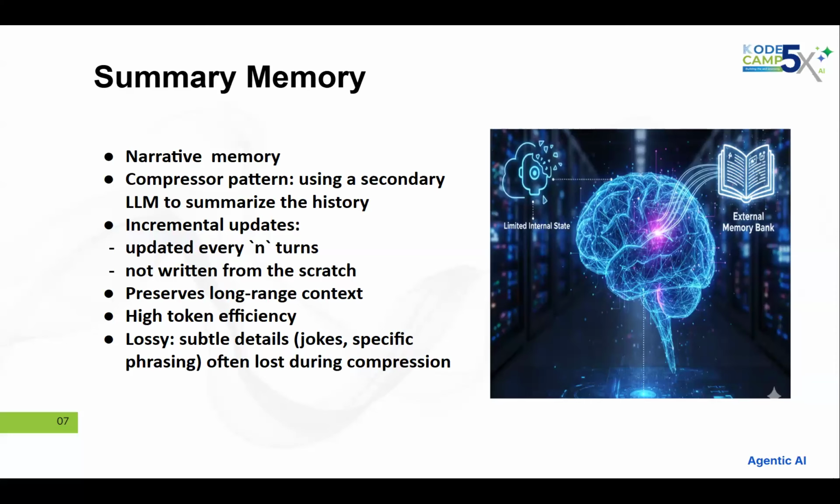But if the bread is like agege bread and you can compress it, you are now able to fit in more loaves of bread inside that same box. Summary memory is the scenario where you're squeezing the loaves of bread, you're compressing them, so you're able to fit in more of the history, and so you're able to preserve it. It preserves a longer range of the context than buffer memory.